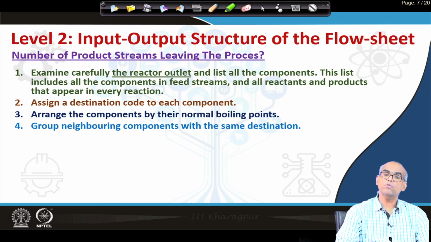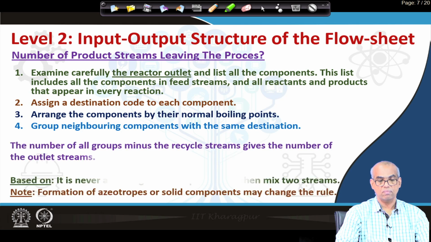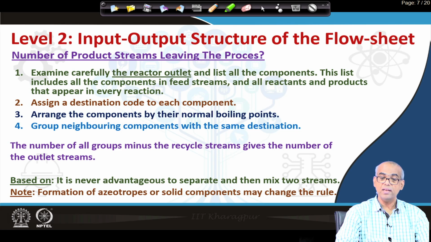So, these are the steps that we follow. First, we examine carefully the reactor outlets and list all the components. Assign a destination code to each component. Arrange the components by their normal boiling points and group neighboring components with the same destination. The number of all groups minus the recycled streams gives the number of outlet streams or number of product streams.